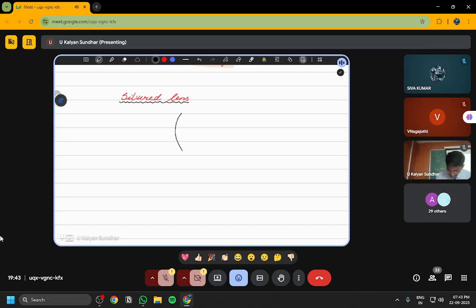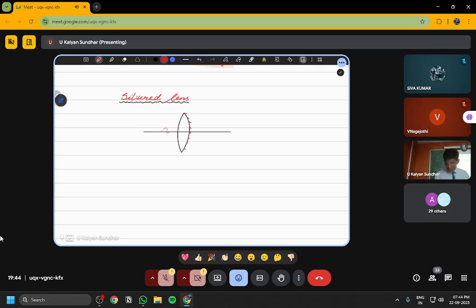Let me take a convex lens. In the convex lens, one side of the spherical surface is covered with silvering, that means a polished surface. This is your principal axis passing through the lens.